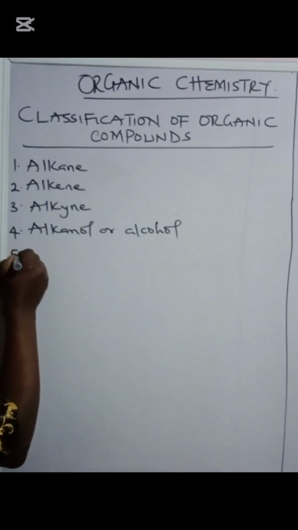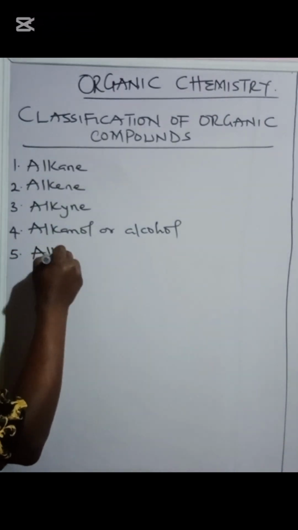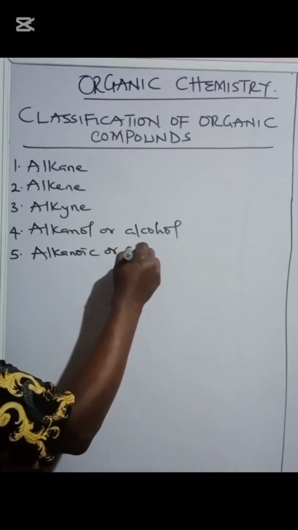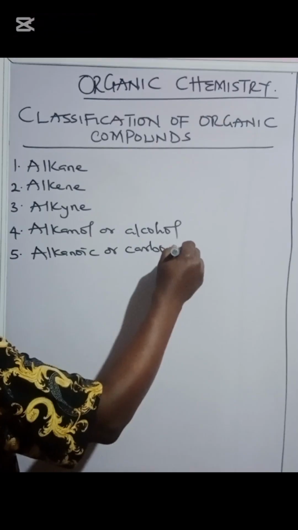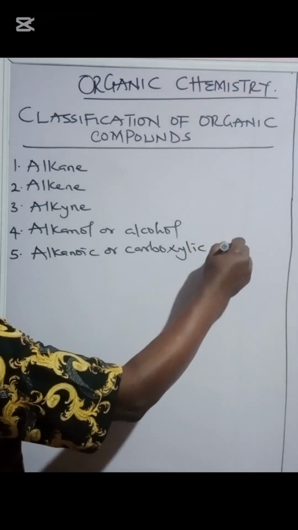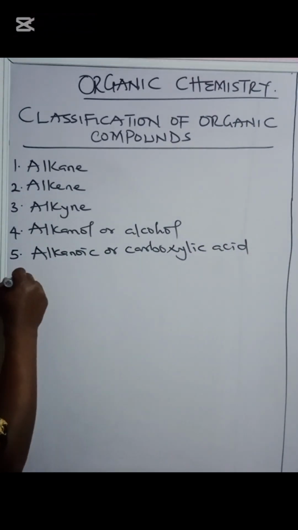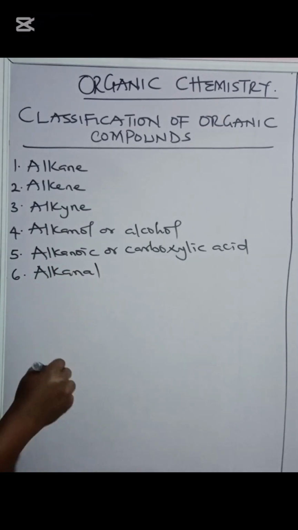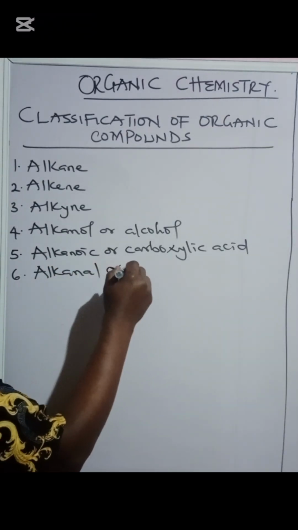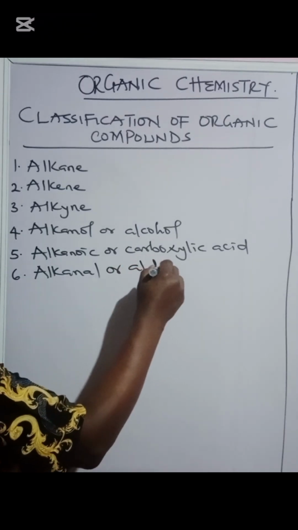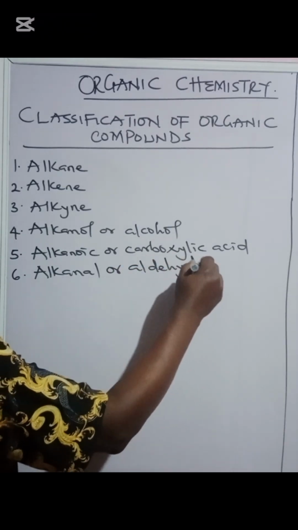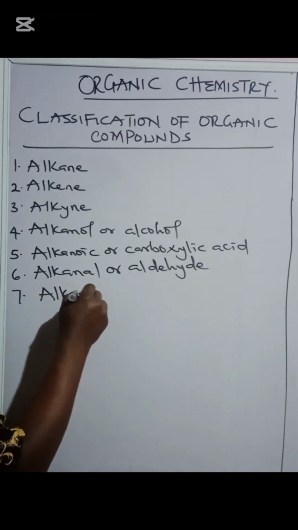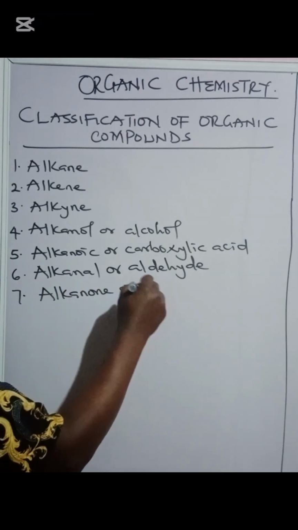We have 5, we have alkanoic acid, or carboxylic acid. We have 6, we have alkanal or aldehyde. We have 7, we have alkanone or acetone.